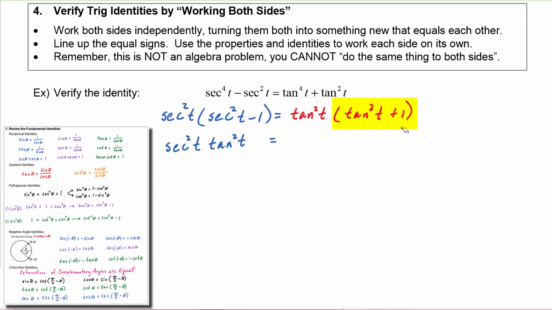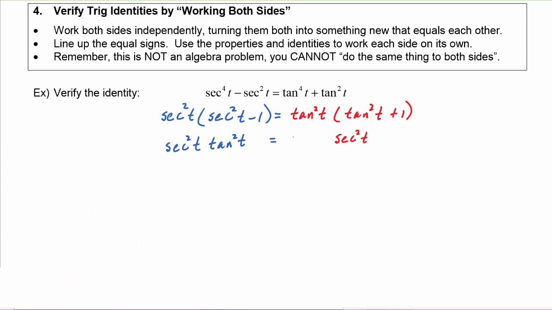Here, we can use a trig identity and substitute in secant squared of t for the tangent squared t plus 1, and then we'll bring down the tangent squared t.